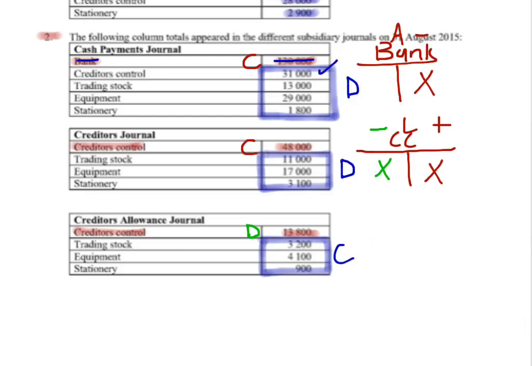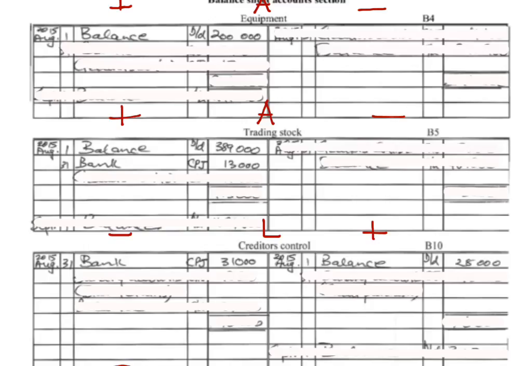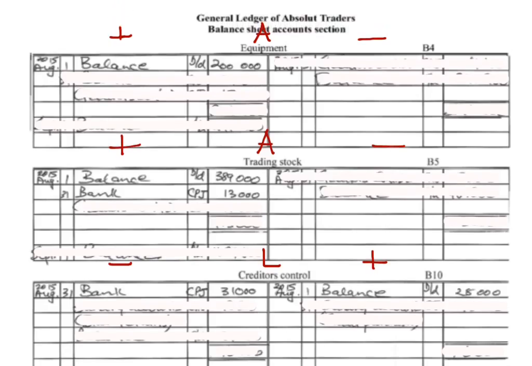So therefore, trading stock, done. Next account is equipment, 29,000, and it needs to be debited. Equipment makes sense that it's debiting because I want to show that I've got more equipment now because I've purchased more on cash.